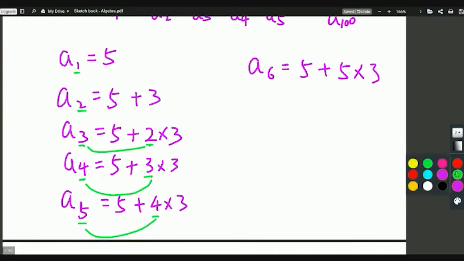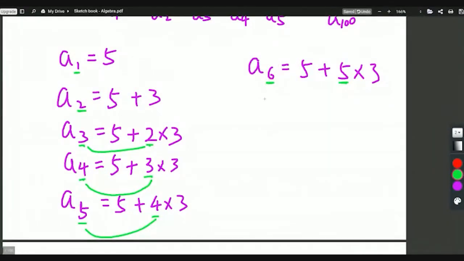So again, as you can see here, this 5 is not changing, and this 3 is not changing. The only changes are this and this. And what changes is this number is 1 less than the number of the term.